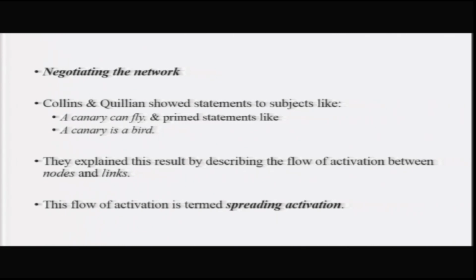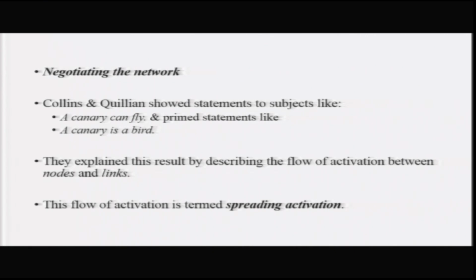So what they did was they read out particular kinds of sentences, something like a canary can fly or a canary is a bird. When they used canary can fly as a prime, they found that people were faster in responding to canary is a bird. They had to simply say yes or no, two buttons, yes if it is correct, no if it is wrong.